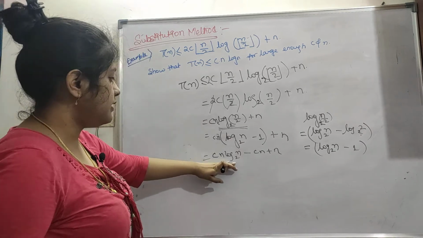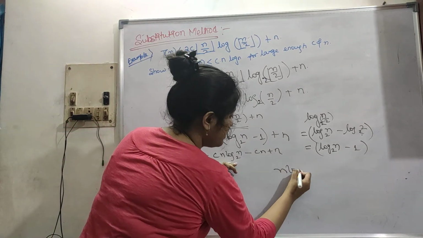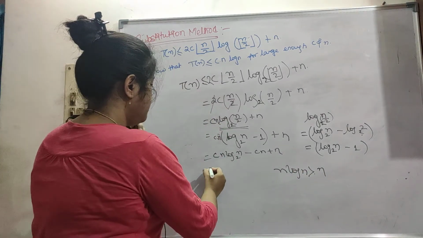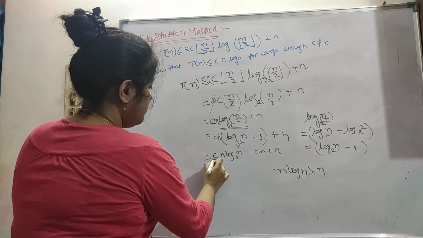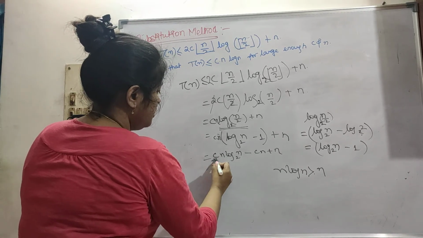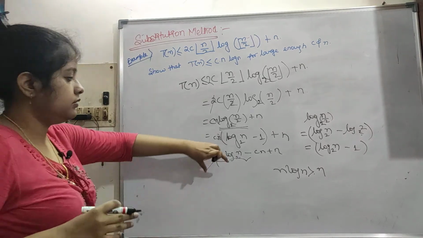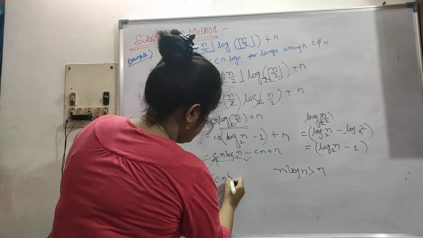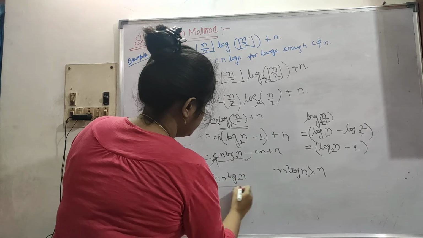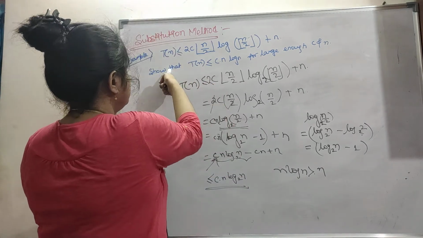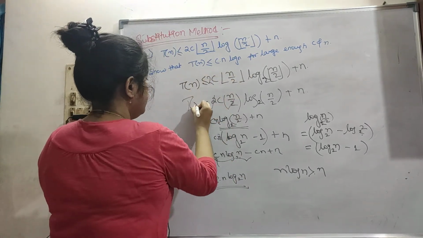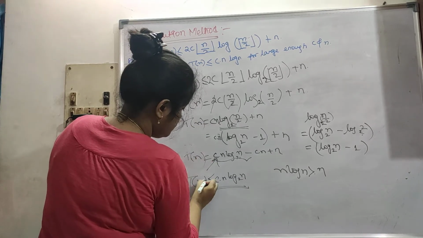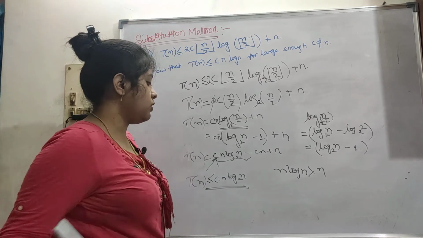Here you can see that n log n is greater than n, so if we take this value, it will be less than or equal to this value. So we can write c n log n base 2 as our answer. It was asked to show that Tn is less than or equal to c n log n base 2.